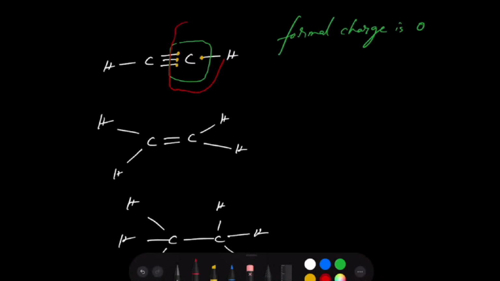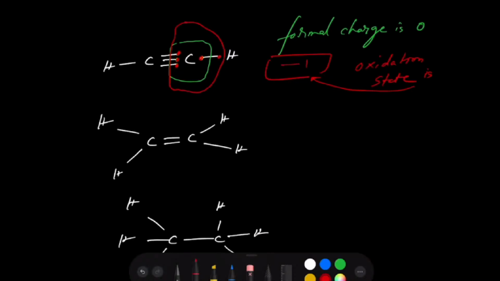But here I will grab all the electrons from hydrogen, so this electron also I will take from hydrogen. So totally how many electrons do I have for calculating oxidation state? 1, 2, 3, 4, 5. So there is 1 extra, therefore oxidation state of carbon is -1.